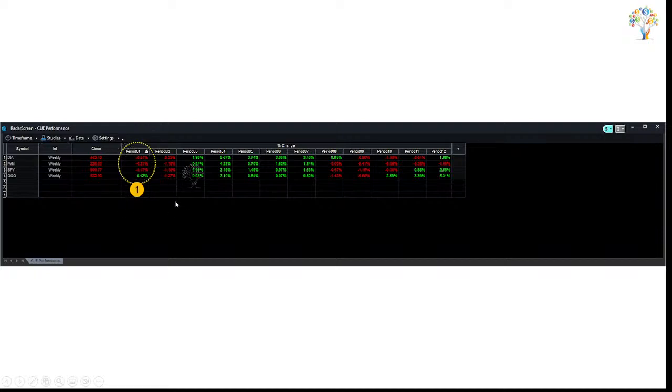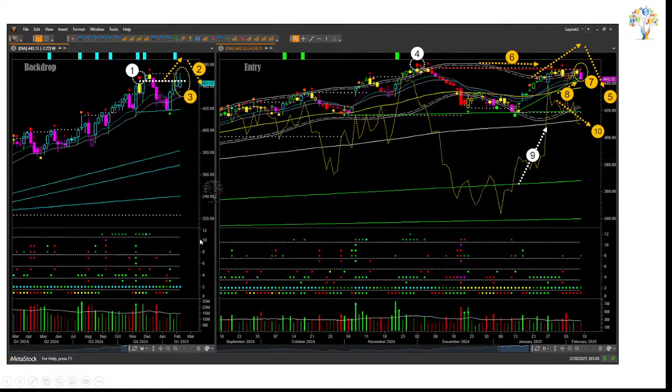Let's look at the market ETFs from the worst performer DIA to the best performer QQQ, trying to make a case for bullish trades or bearish trades. DIA, this is what I mentioned in the last market recap.